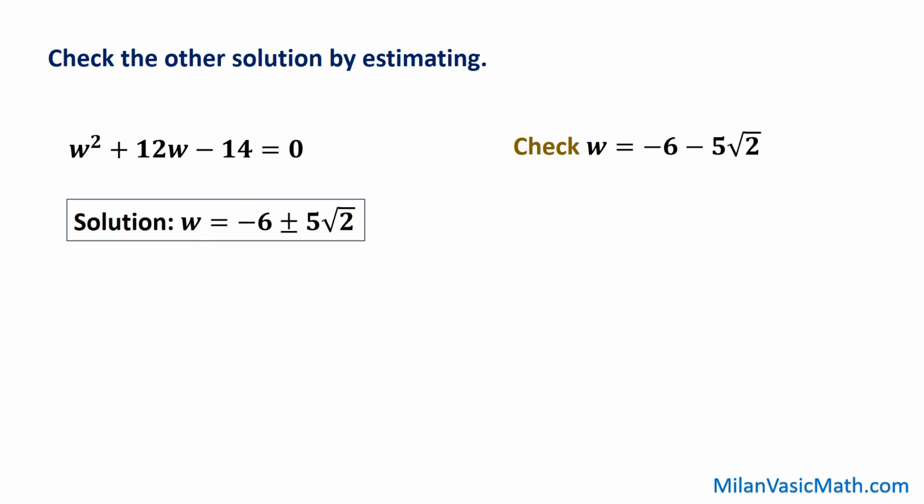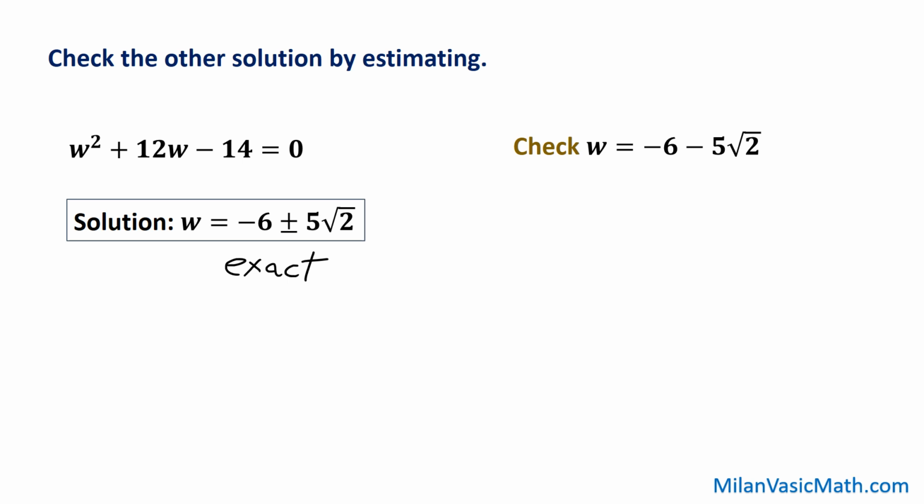Let's check the other solution by estimating. So from before, we have that the exact solution was negative 6 plus or minus 5 radical 2. That's two solutions. That's the mathematically exact answer. But sometimes, especially if it's a word problem, or if you're dealing with a multiple choice question on a test, the estimation might be good enough.